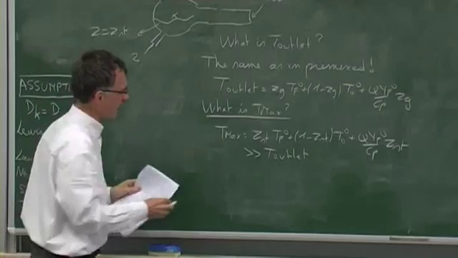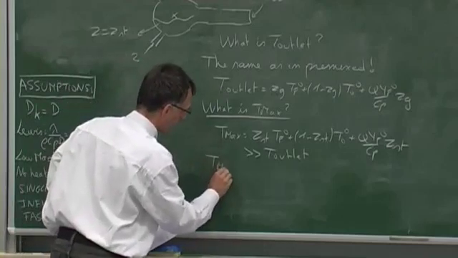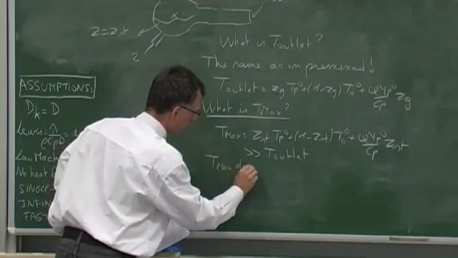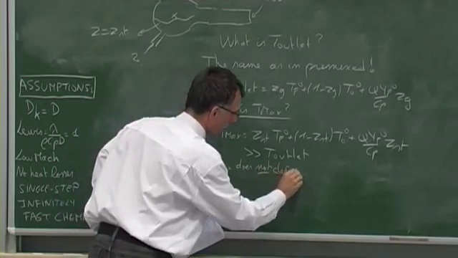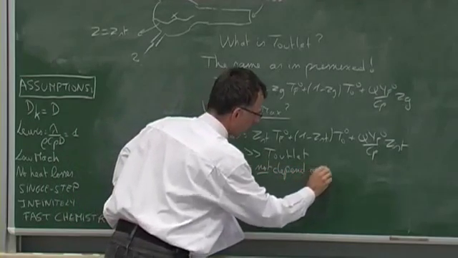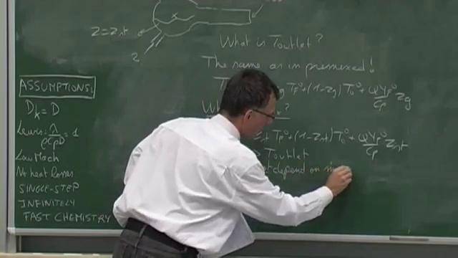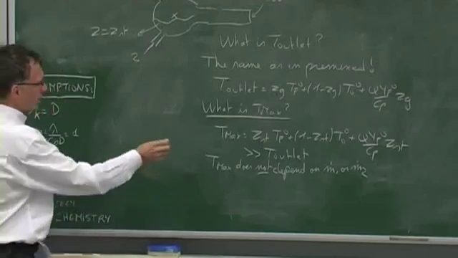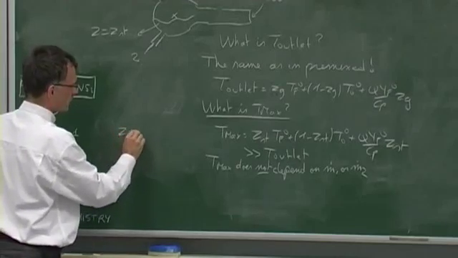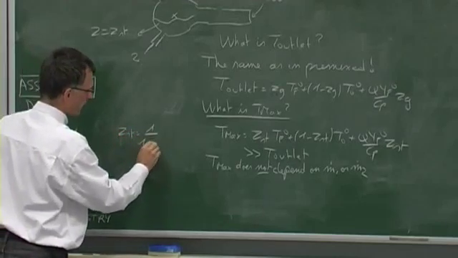Just note also that Tmax does not depend on M1 or M2. Remember that Z stoichiometric, we computed Z stoichiometric, it was 1 over 1 plus phi.